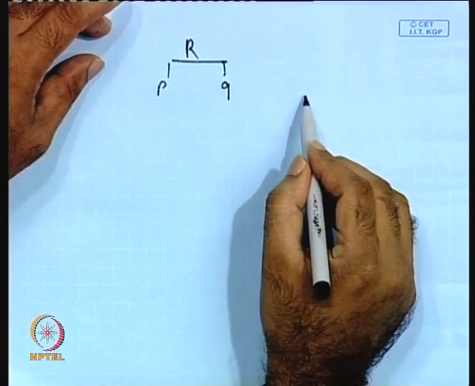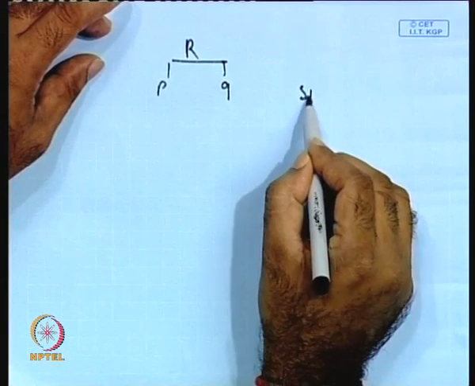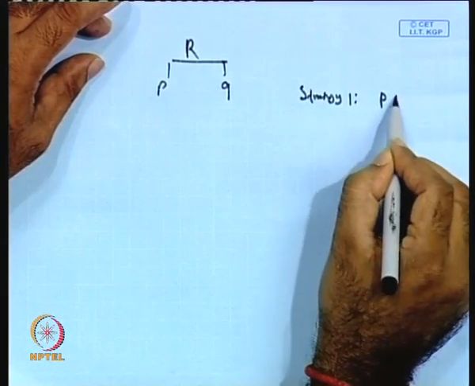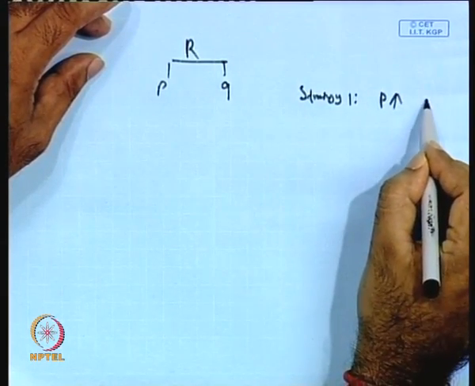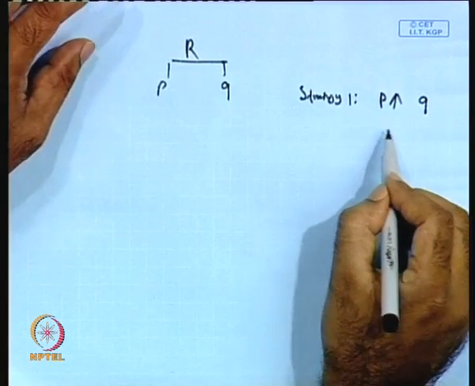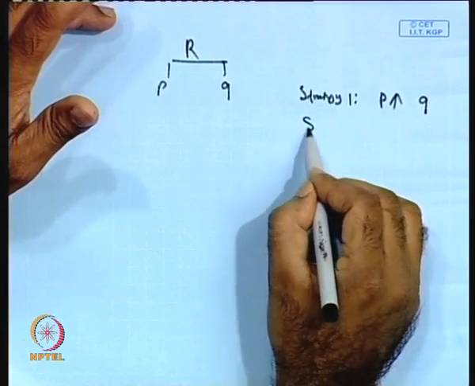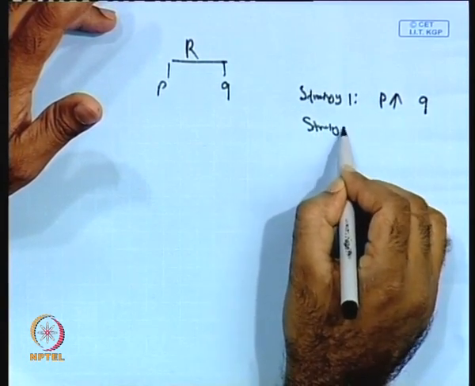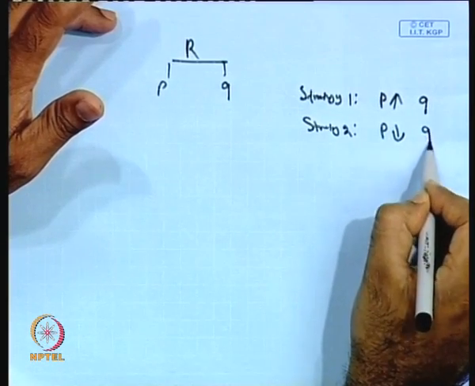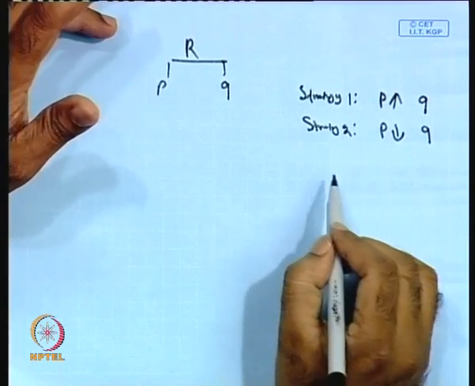In fact, first strategy 1, P increase, Q as usual remains constant. Strategy 2, P decrease, or as usual Q is normal.